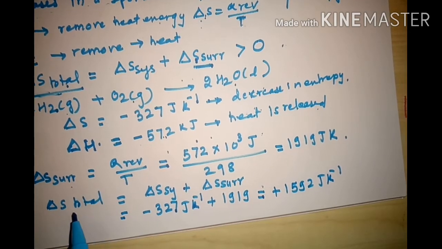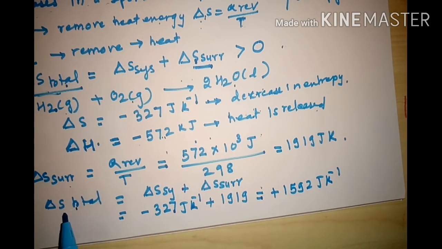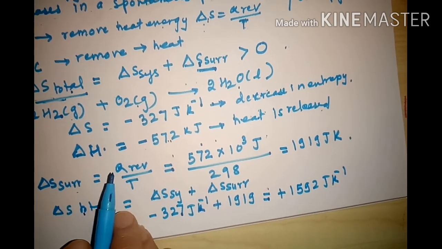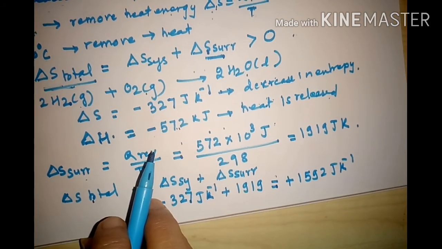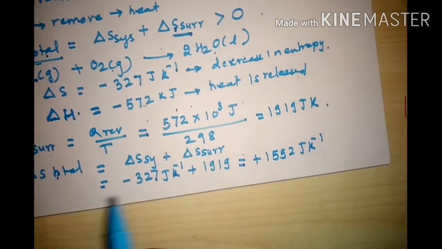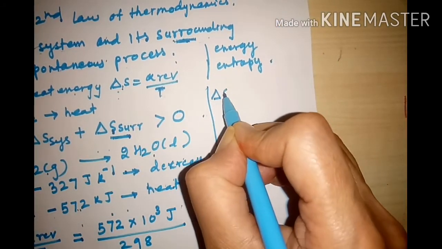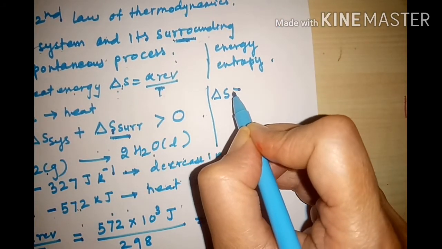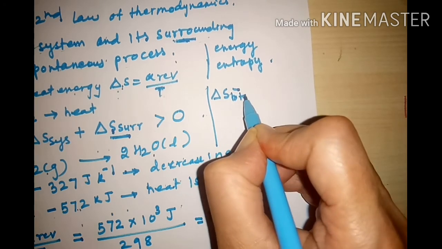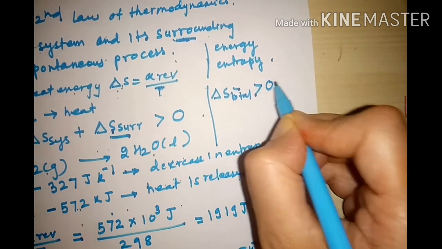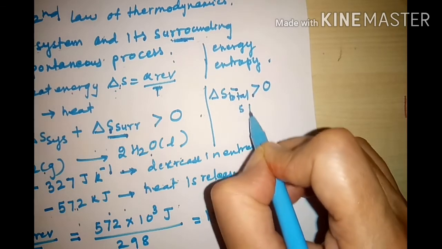This is the total entropy change. If this delta S total is greater than 0, then the reaction is spontaneous.